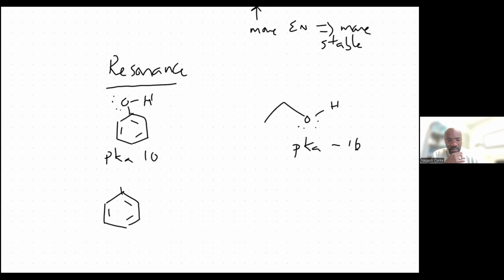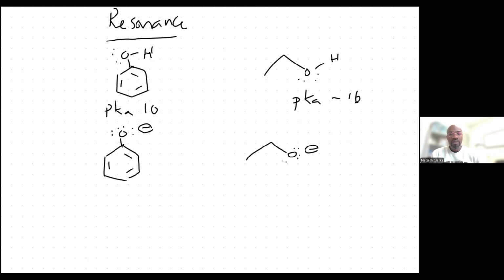Sometimes we'll tell you, and other times, based on learning these rules, you've got to be able to pick out the proton that's going to be acidic, because not all protons in organic chemistry are acidic. And we're going to do a couple examples of that.